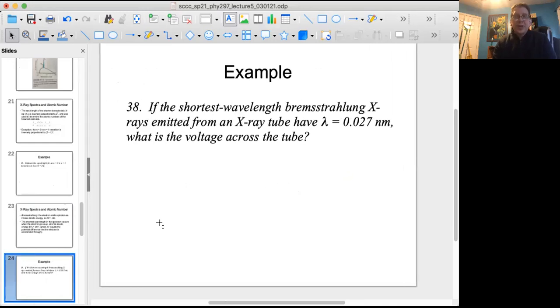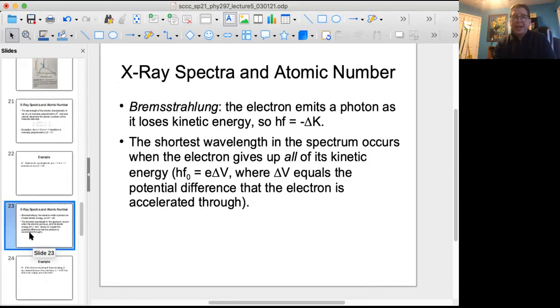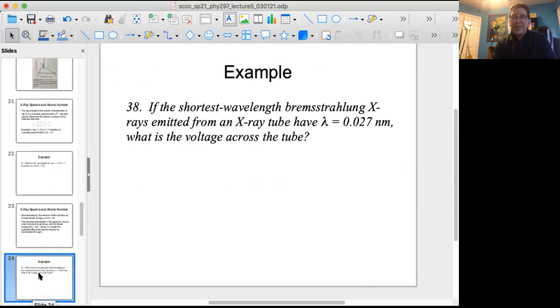So now we go on to another example. If the shortest wavelength Bremsstrahlung X-rays emitted from an X-ray tube have lambda equal to 0.027 nanometers, what is the voltage across the tube? So again, that occurs when h f naught is equal to e delta V, and we're given the wavelength.